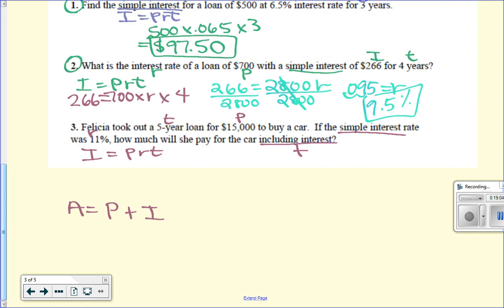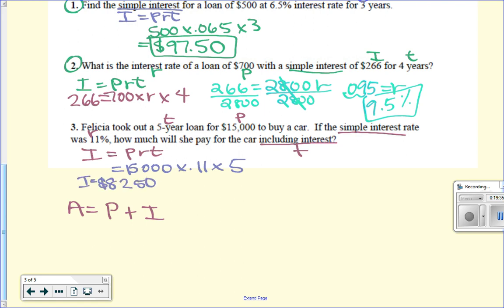We need to determine what our interest is though, right? So let's substitute our numbers in. So we have our P at 15,000 times our rate times our time, 5 years, which is what? $8,250.